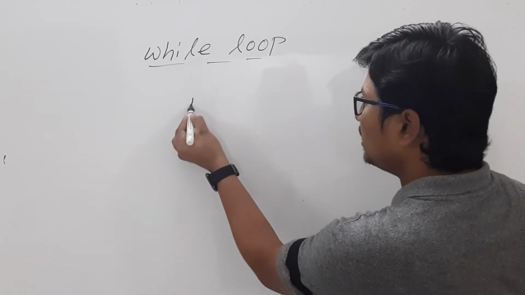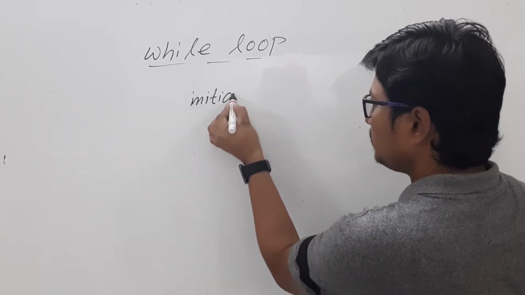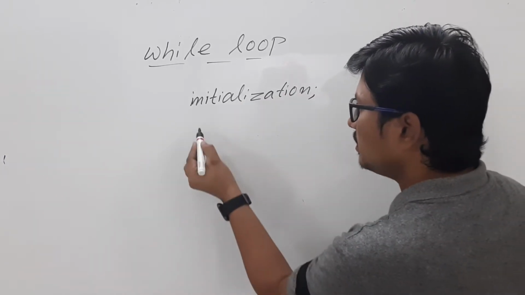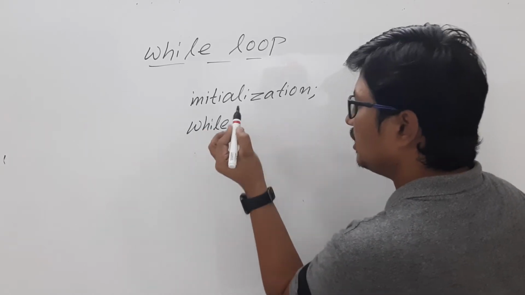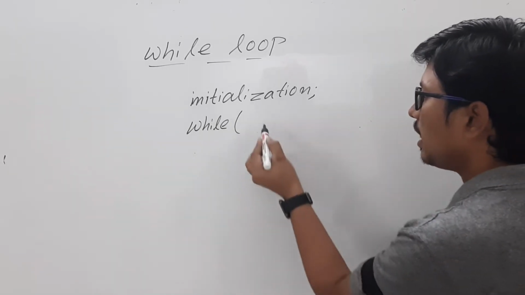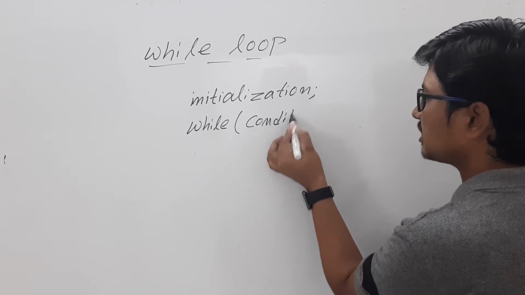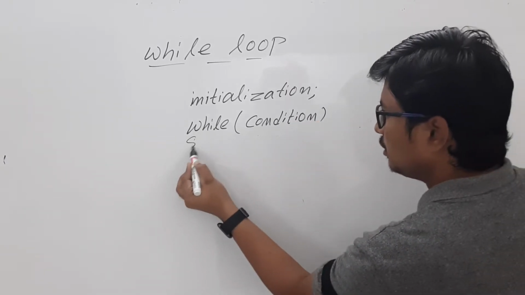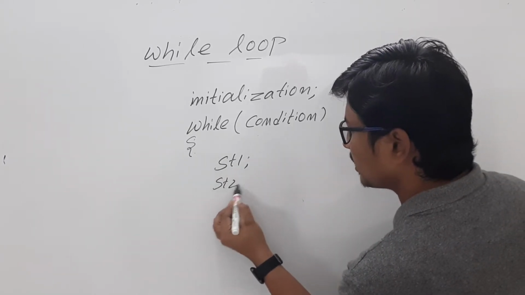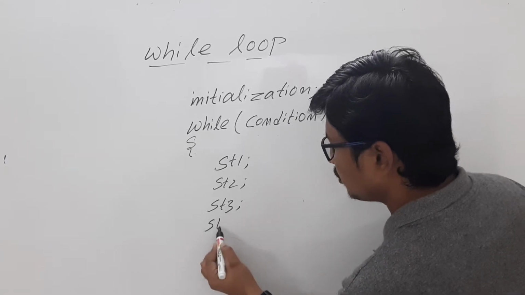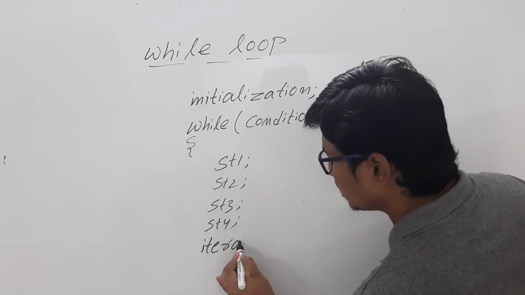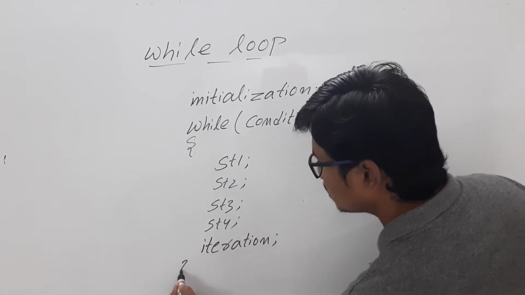So, you will have the initialization, and then you will have the while keyword, which should be in lowercase because it is a keyword, and then the condition or test expression, and then the curly braces, with whatever statements you want to execute, like statement 1, statement 2, statement 3, statement 4. At last you will write the iteration statement and then end with a semicolon.